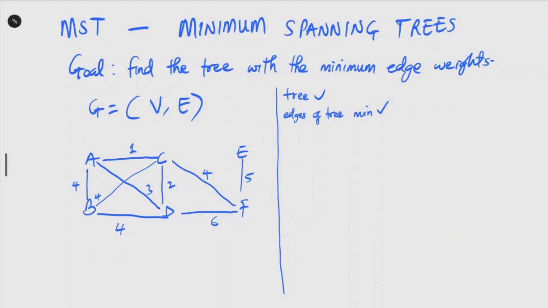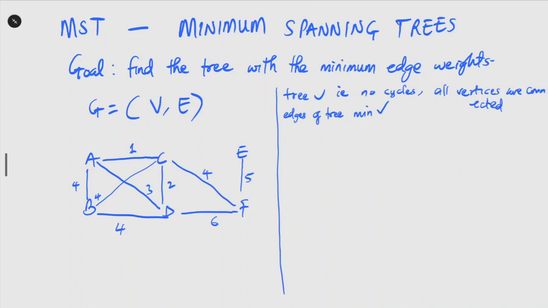We want it to be a tree, which means no cycles, number one, and all vertices are connected. All vertices are connected, but no cycles. We want to tick this, and then we want all the edges to be minimum.